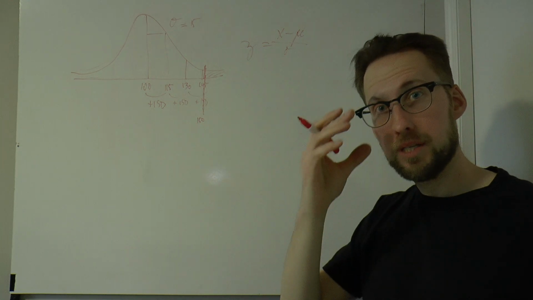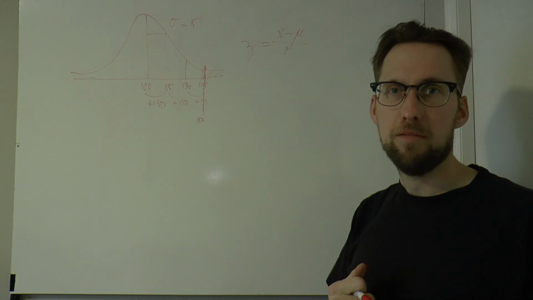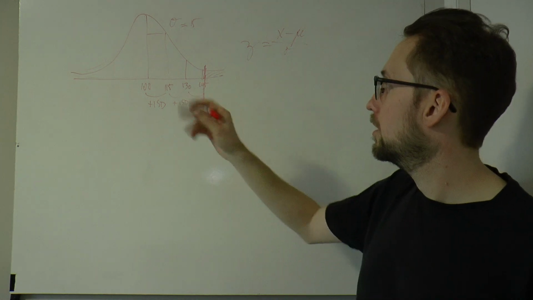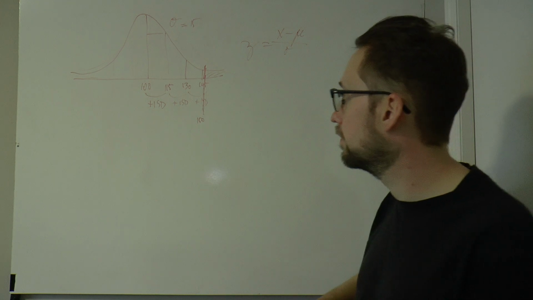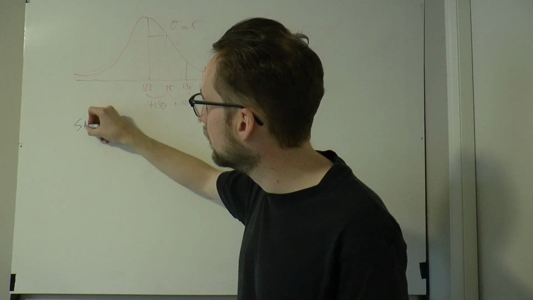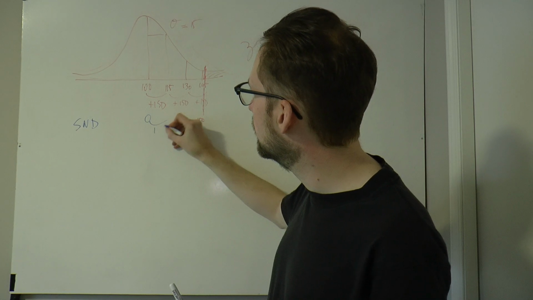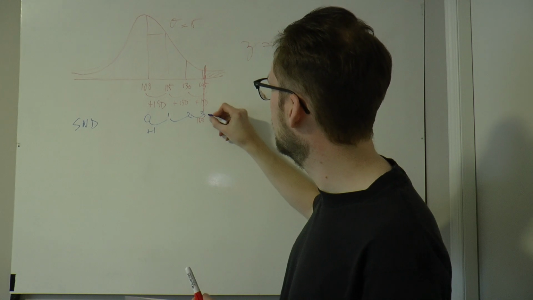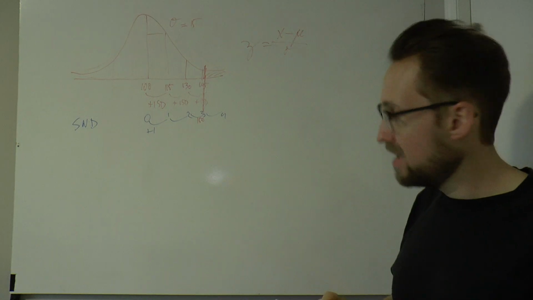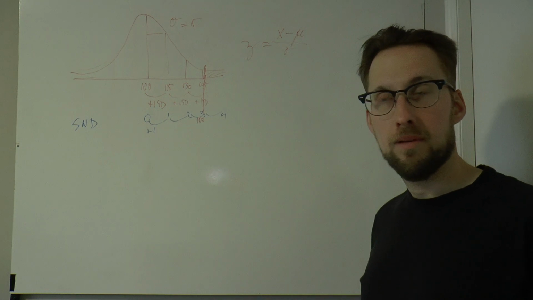But remember, standard deviations in the standard normal distribution have a value of 1. Standard normal distribution has a mean of 0. This would be the standard normal distribution, mean of 0, standard deviation of 1. 1, 2, 3, 4. So I'm thinking we're going to find something pretty close to 3.